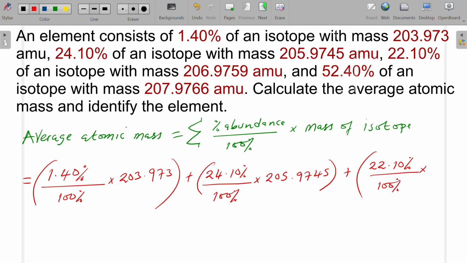Its mass is given as 206.9759. Let me write that down in small fonts to create space.